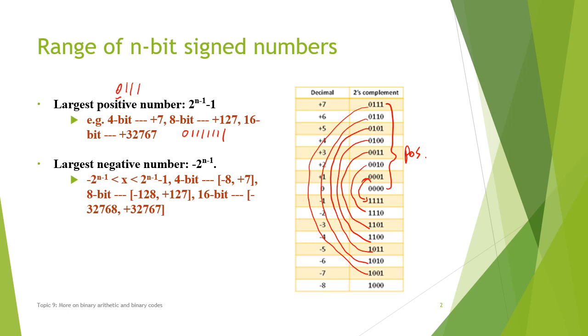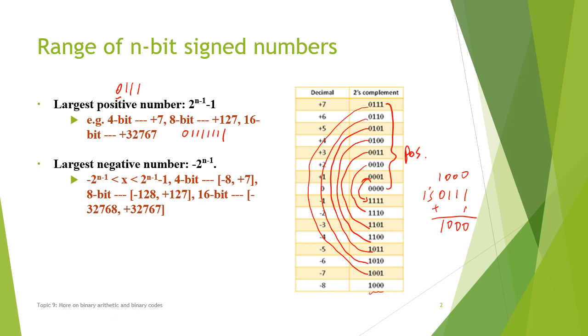If we take the 2's complement of this number, remember how to take 2's complement? First, we do the 1's complement, 0111. Basically, you flip every bit, then plus 1. You will find that for this number, the 2's complement is itself.